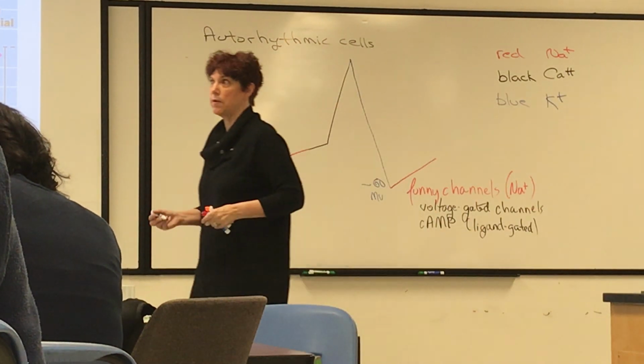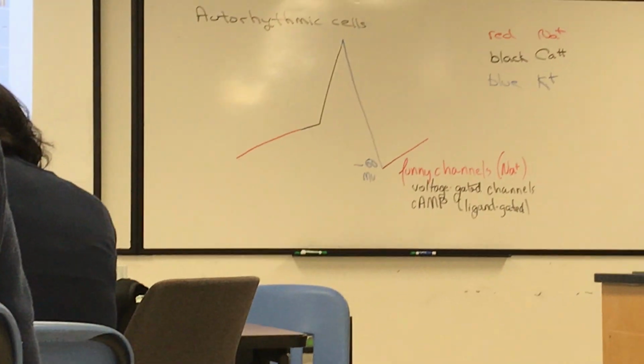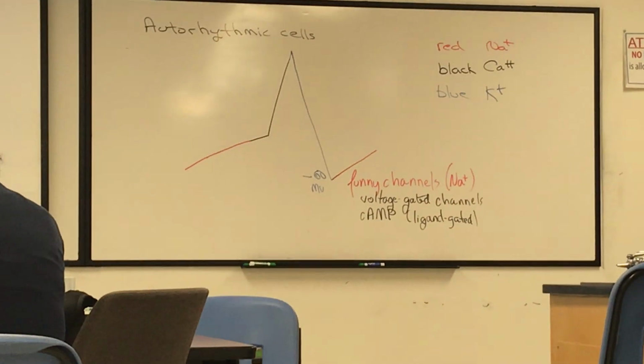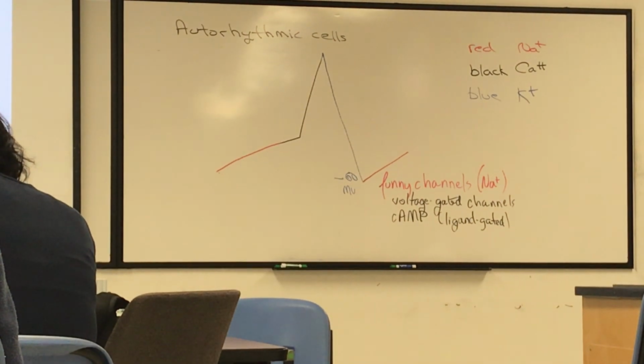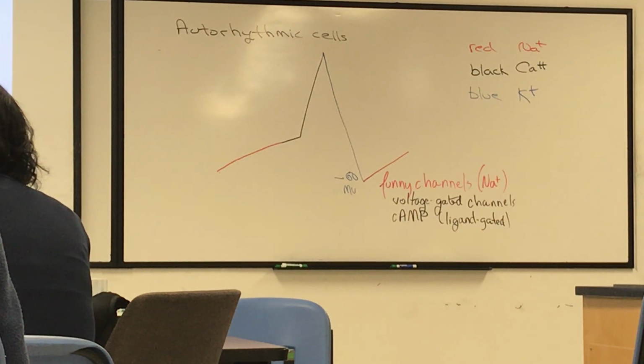When we use norepinephrine, more cyclic AMP will bind to them and we'll see them open even earlier than they normally do. Those two reasons are why they're called funny. They're both voltage gated and ligand gated, and the ligand is inside the cell instead of outside the cell. So it's binding to the inside of the cell membrane, all right?